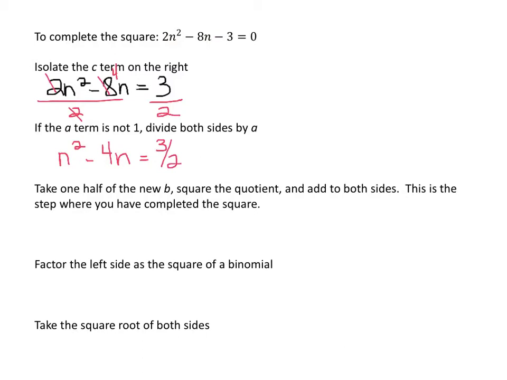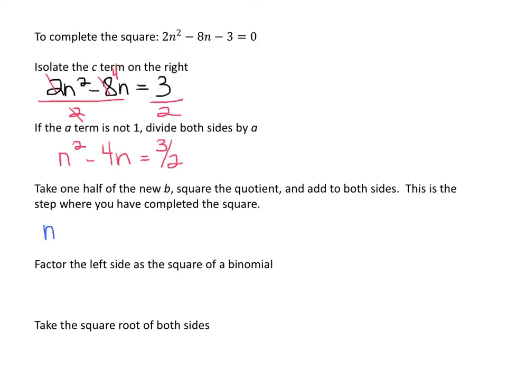The next step, we have to take this b term here that we've just created, and we need half of it. And then we have to square that number. So take 1/2 of the new b, square the quotient, then add it to both sides. So half of 4 is 2. 2 squared is 4.